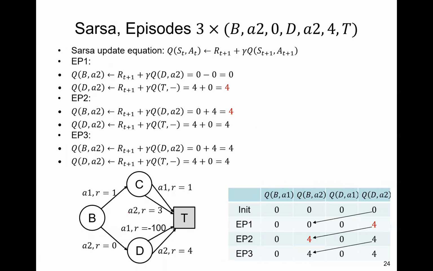So if you have the episode BDA2, you are bootstrapping QBA2 from QDA2. And again, the convergence process is this. So in this sequence, QBA1 and QDA1 are not experienced. These state action pairs are not experienced. So they stay at their initial values.